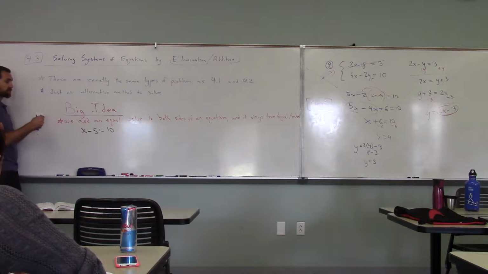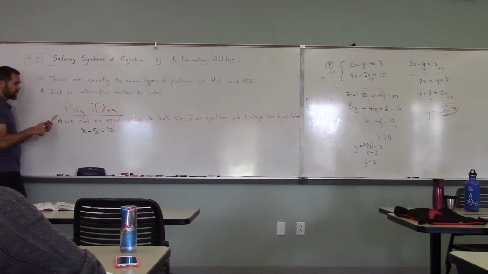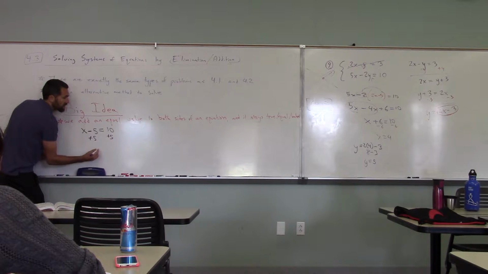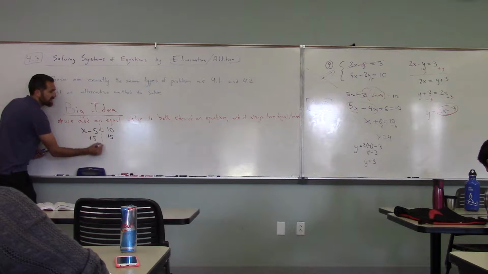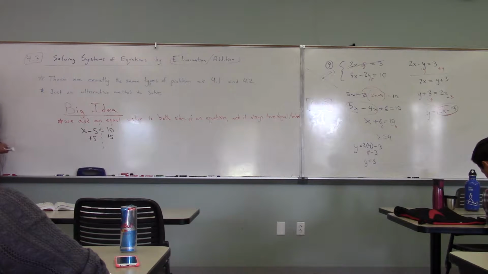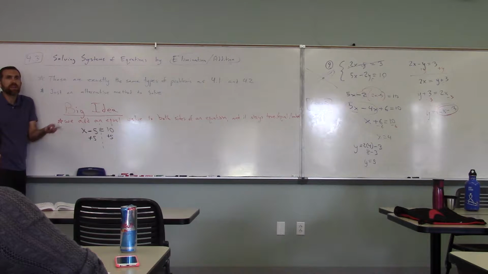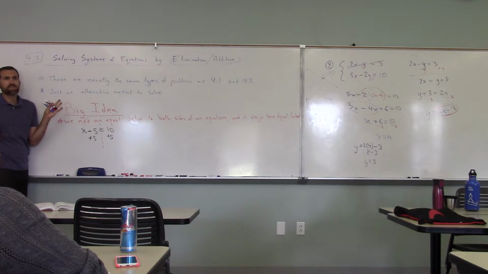If it was x minus 5 equals 10, we would add 5 to both sides of the equation. That's the key. If we have 8 equals 8, we could add 2 to both sides, and sure, 10 is equal to 10. If we have negative 7 equals negative 7, we could add 100 to each side. And as long as you add the same value to each side, everything's okay.